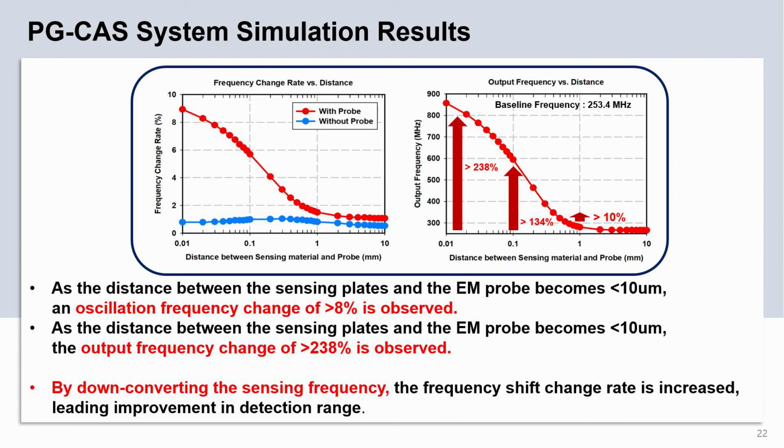These results demonstrate that the patterned ground coplanar capacitive asymmetry sensing structure can detect an approaching attacker, leading to improvement in sensitivity and detection range.